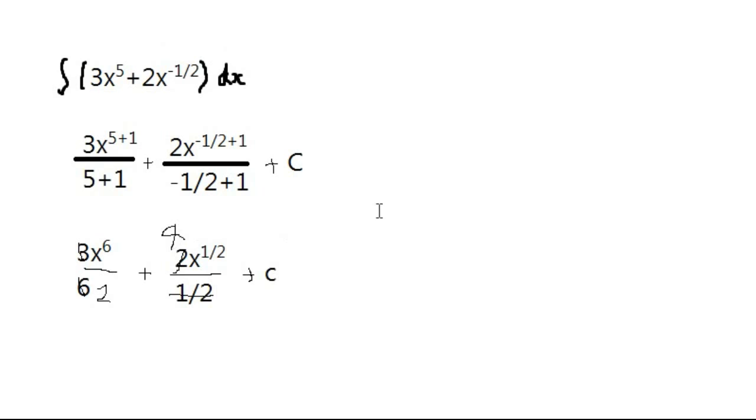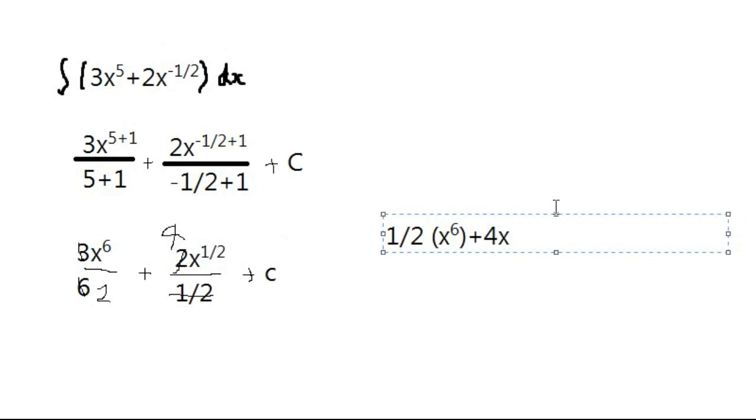And so the answer to this question will ultimately be a half of x to the power 6 plus 4x to the power half plus c, and that is the ultimate answer for this question. So let's go on to the next one.